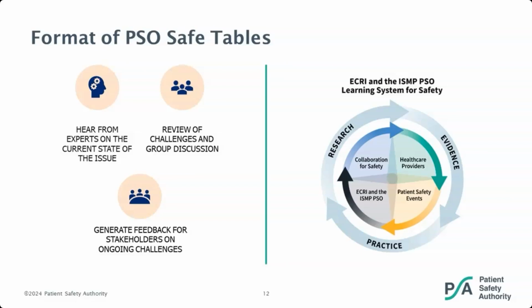Some key learnings from this Safe Table, incorporated with a review of current literature and also data from the PA Patient Safety Authority, informed this learning systems approach that we use to identify shoulder dystocia related challenges, contributing factors, and then eventually mitigation strategies.